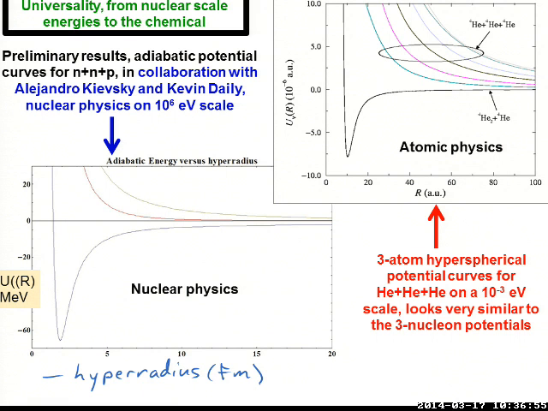In nuclear physics, you can extend these ideas. Kevin Daly has been collaborating with me and Alejandro Kievsky to get the 3 nucleon potential curves, and similarly you get a potential curve going to the deuteron bound state, and then the rest of the potentials, only 2 shown here, would represent 3-body continuum states.